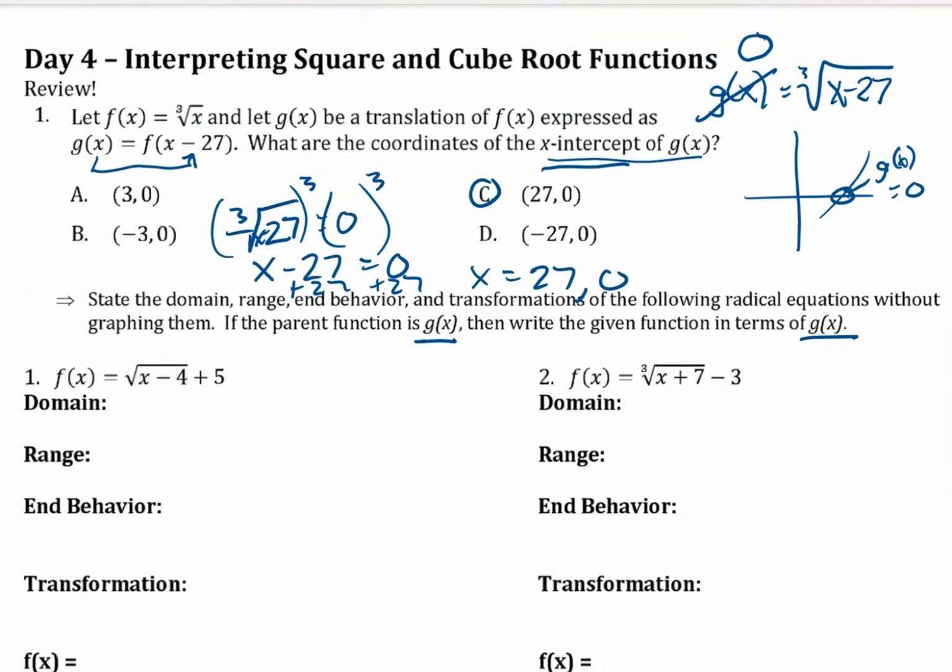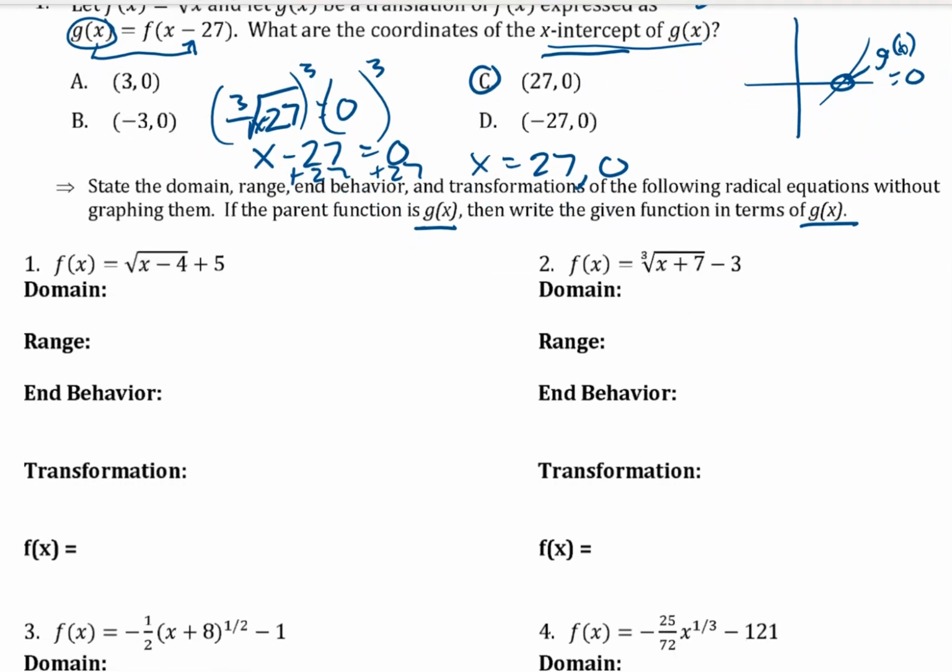What that really means is, if it's a square root, g of x would be the square root of x. If it's a cube root, then g of x, the parent function, would be the cube root of x. So those are the parent functions.